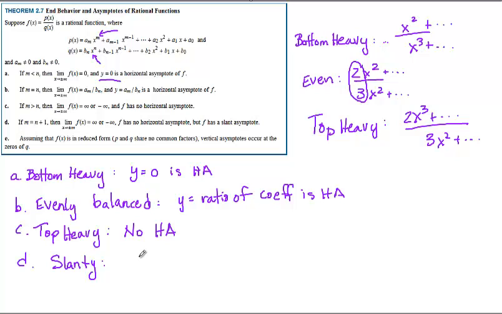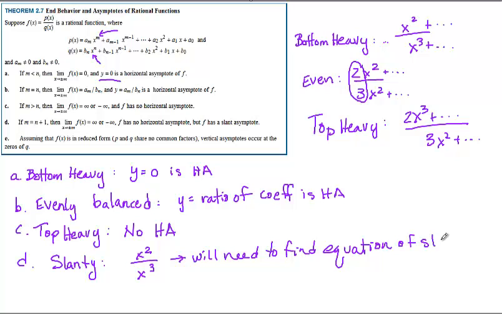So the degree in the numerator is 1 less than the degree in the denominator, and we're going to come up with a way to find that. We'll need to find the equation of the slant, and we'll do that in the next one.